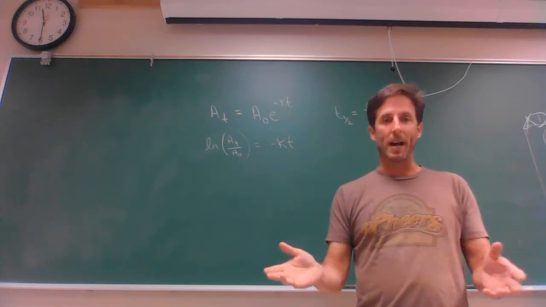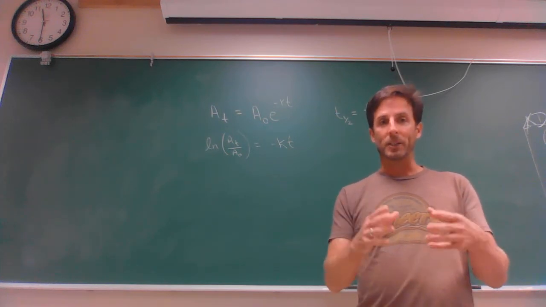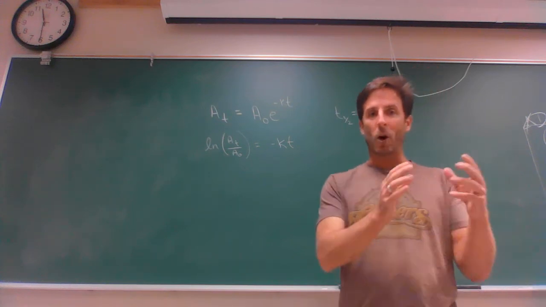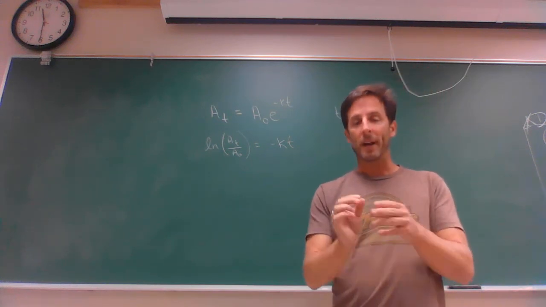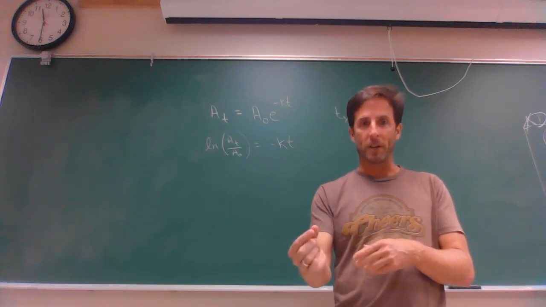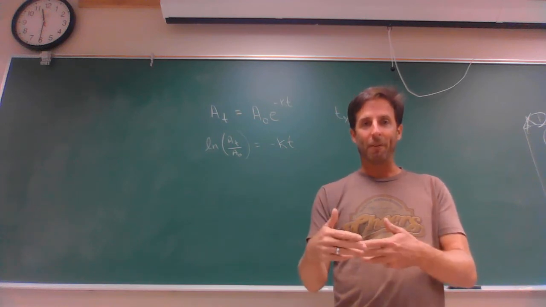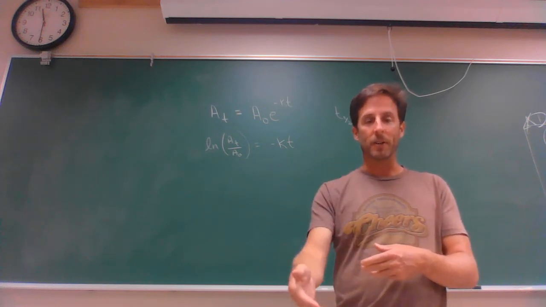In any compound that has carbon, there will be some carbon-12, some carbon-13, and a certain percentage of carbon-14. Those atoms, regardless of their form, will always have a half-life of 5,730 years.